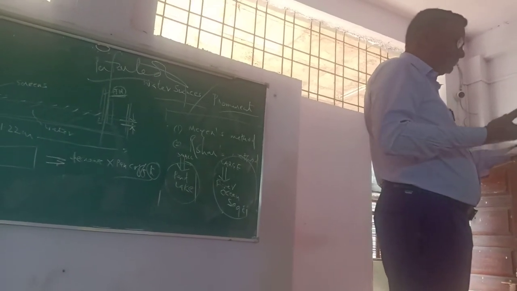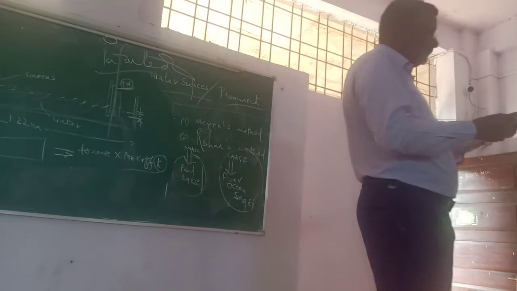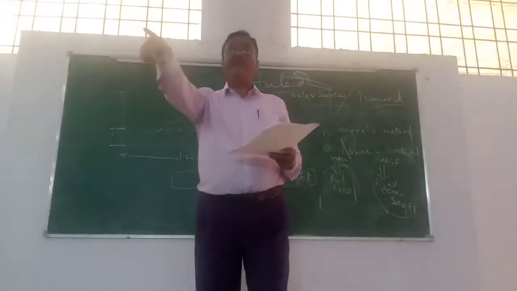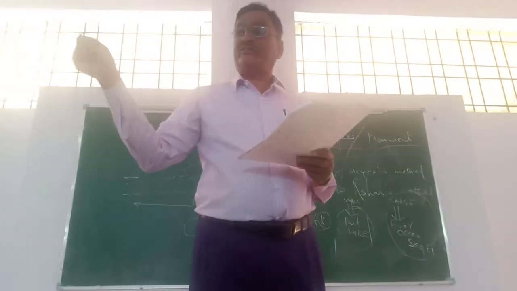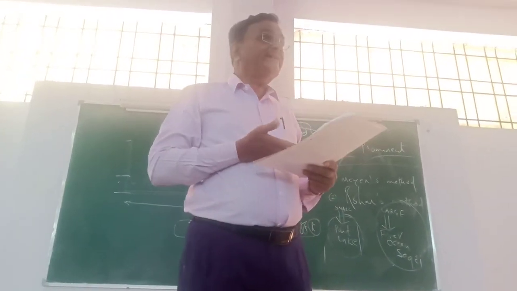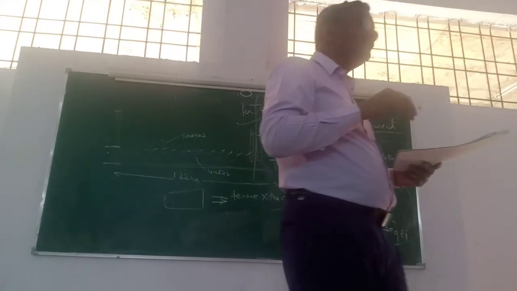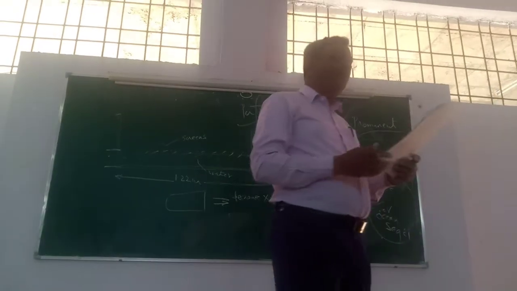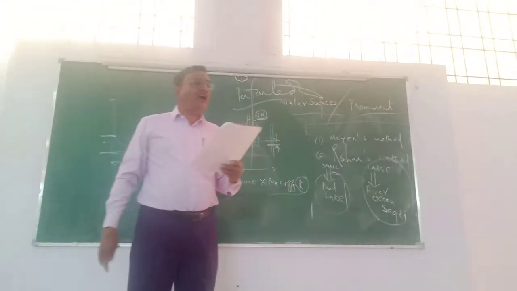I cannot draw because it takes more time. Only I am going to tell you, and you write there: refer notes for the sketch. I am not drawing. Without a sketch, as if I am giving you notes, as if the notes are with you in front of you. The most reliable method for the estimation of the evaporation from the large water bodies.